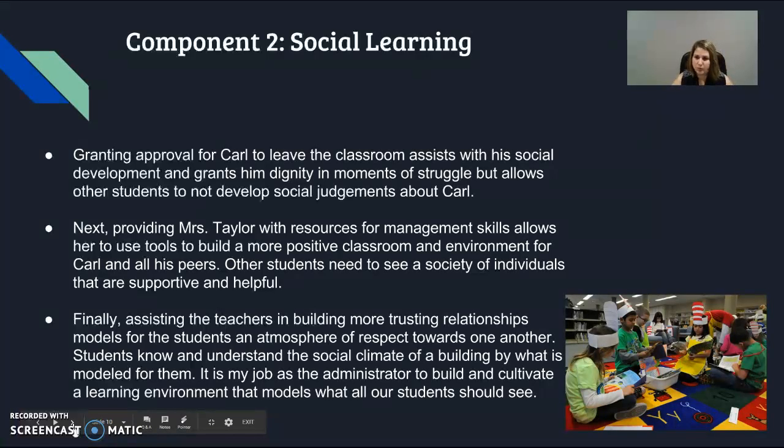It's social learning. So granting the approval for Carl to leave the classroom is really important, because we don't want Carl to be in a situation where he is showing his peers a side of him that is a moment of really lack of coping skills. And until he has those coping skills in place, we don't want his peers to make some judgments about him that aren't realistic.